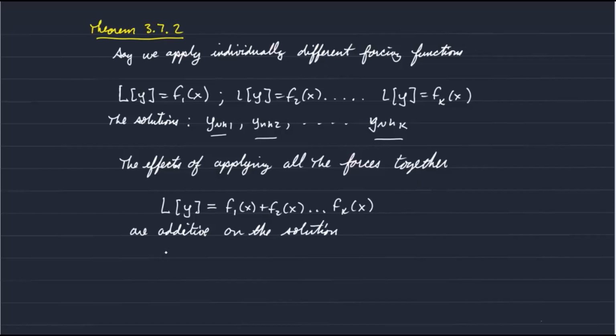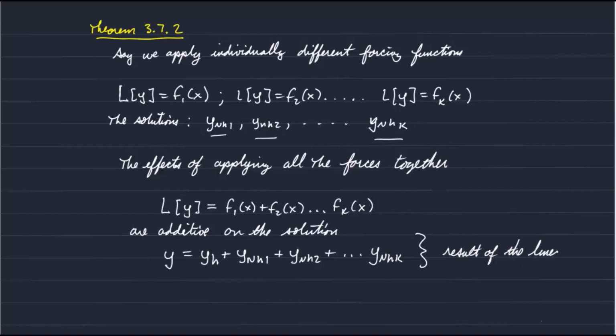And this is a property of this linear system. So again, the general solution always has the homogeneous solution, but the effects of the individual forces are to add their individual non-homogeneous solutions. And those individual non-homogeneous solutions are additive. Okay, so this is a result of the linearity of L.